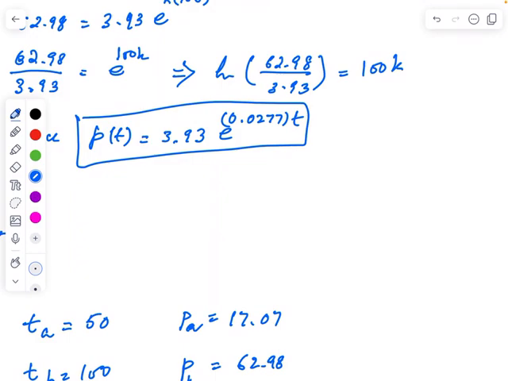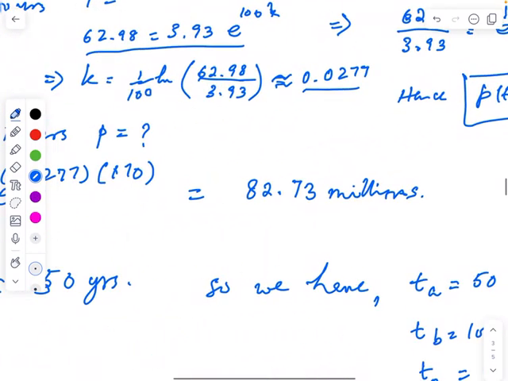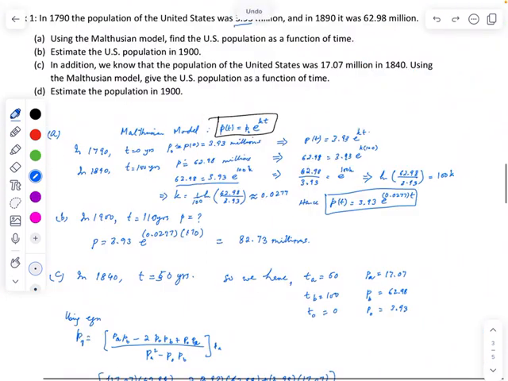So this is the Malthusian model. Now part B is saying, estimate the US population in 1900. In 1900, what will be the t?